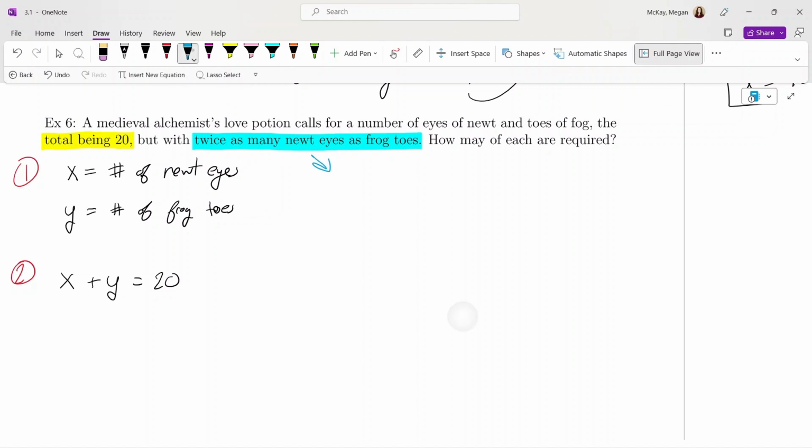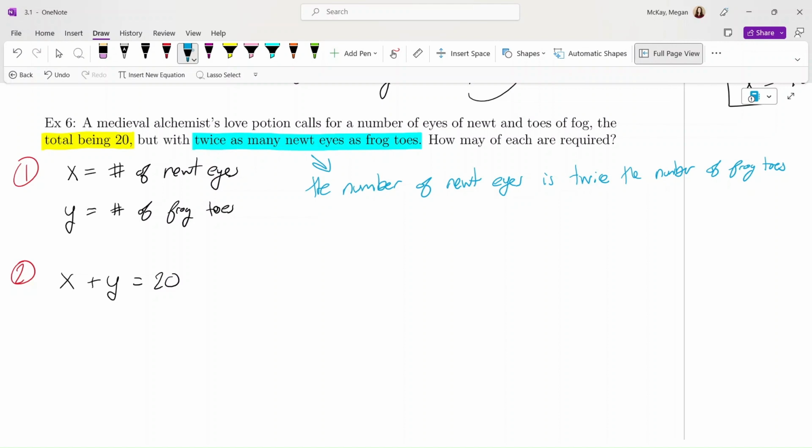So this tells us that the number of newt eyes is twice the number of frog toes.